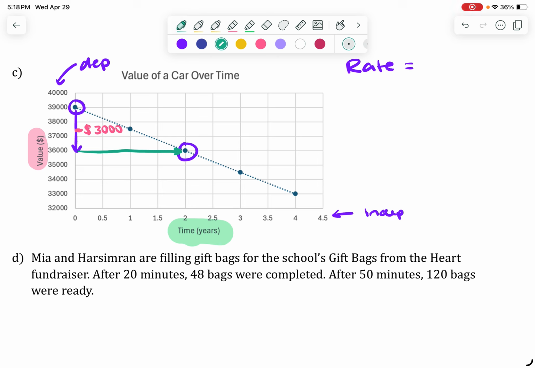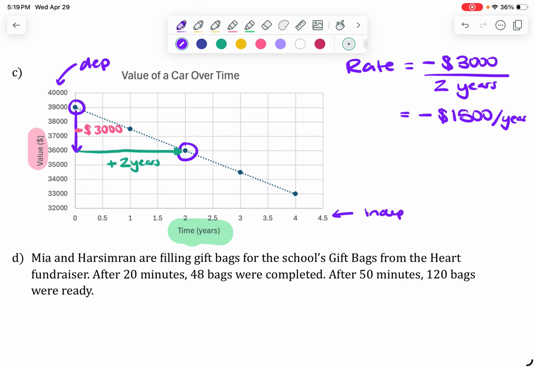And I'm traveling in a positive direction. I'm going up 2 years. When I'm plugging in my rate, yes, I do get negative $3,000 for every 2 years. And that can be reduced to give me negative $1,500 per year.